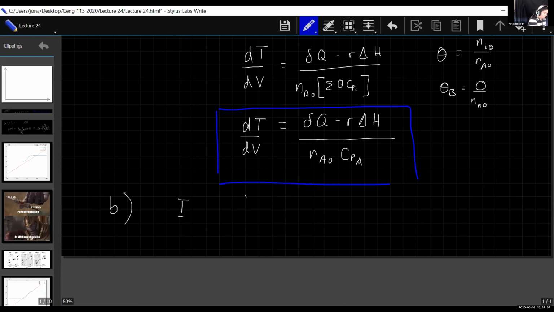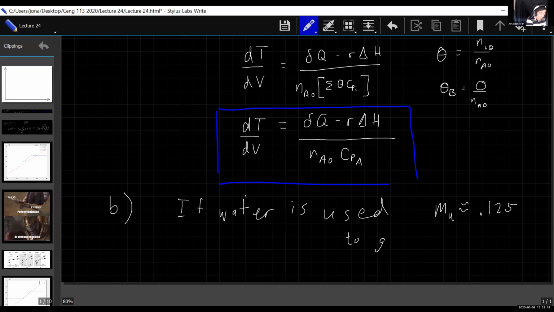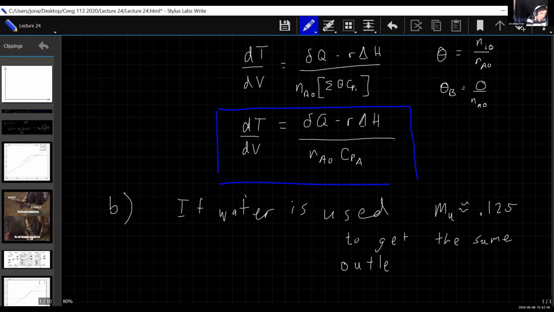So if water is used, then MU should be about 0.125 to get the same outlet temperature. And so I'll post the code and you can play around with that.